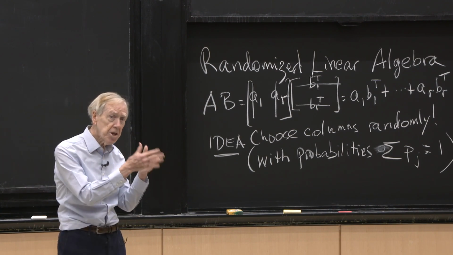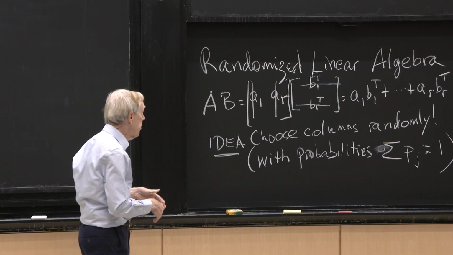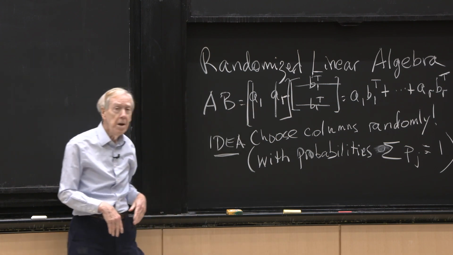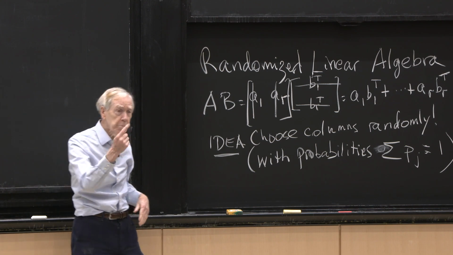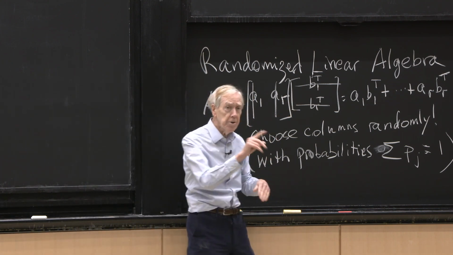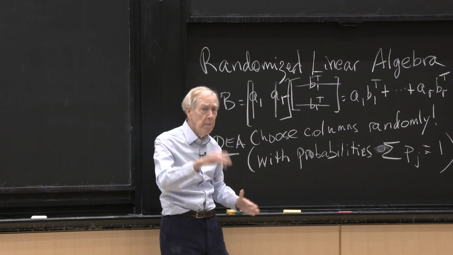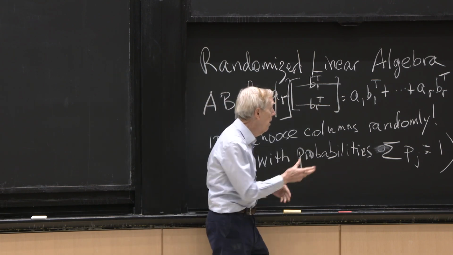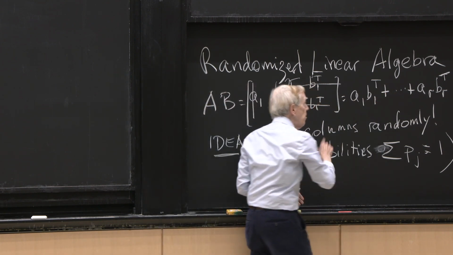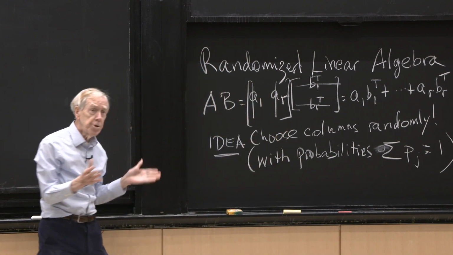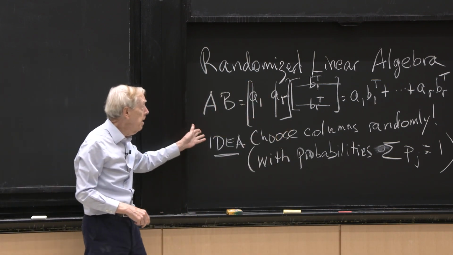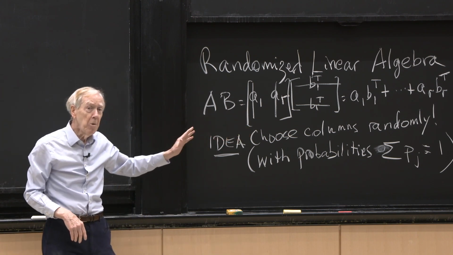So we plan to sample the columns of A and sample the corresponding rows of B. So actually, when we decide on a column, we've also decided on a row. So we're taking those pieces, which do correctly add up to AB, but we're not going to take them all.